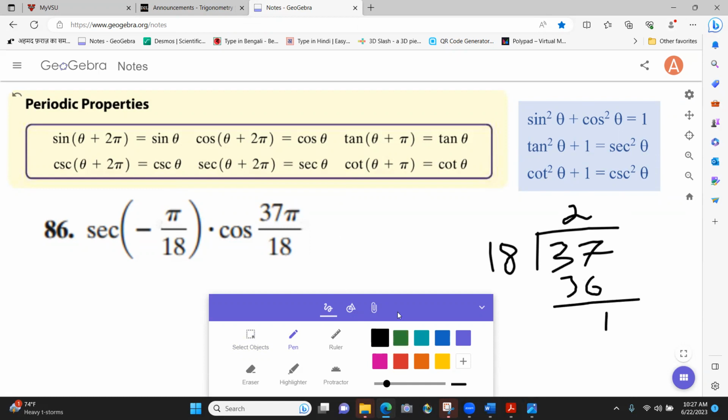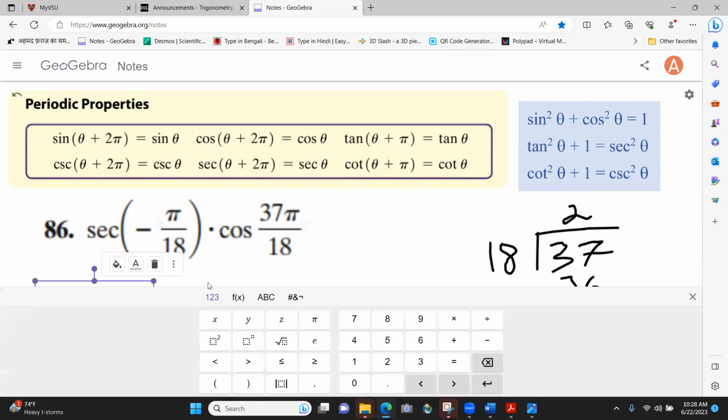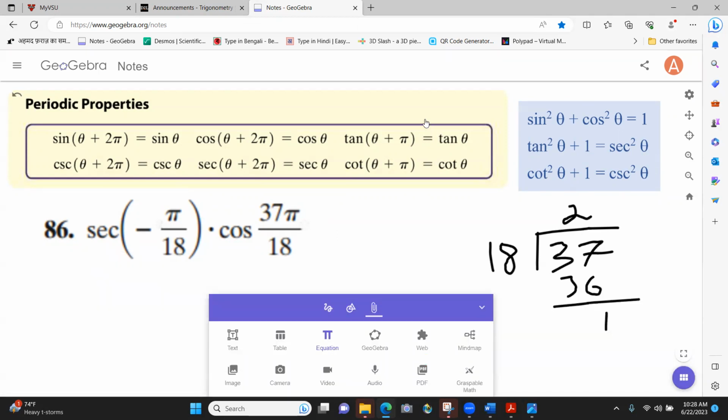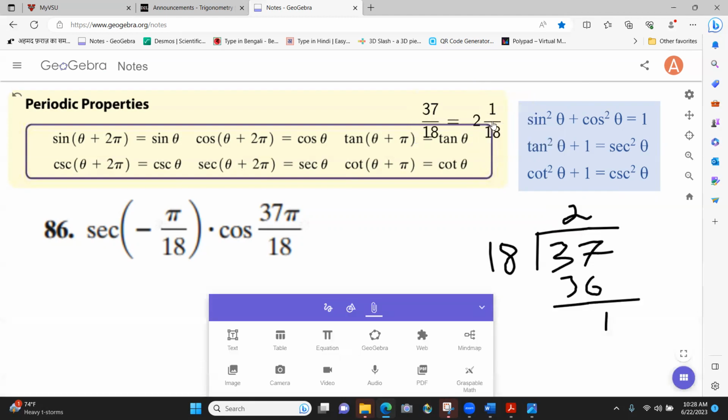So this fraction, I'm going to write it down on the side, and you want to see it, and ideally, you want to see it without doing the division. 37/18, this is the claim I'm making, is 2 and 1/18. Now I have a pi here.